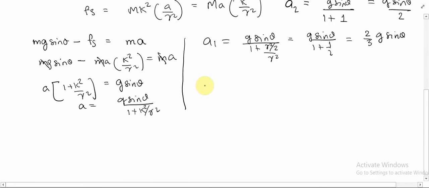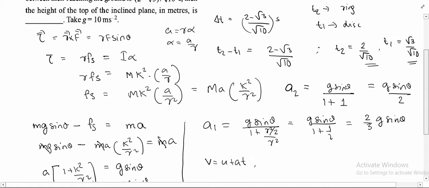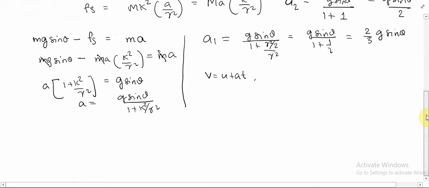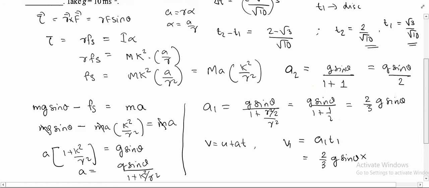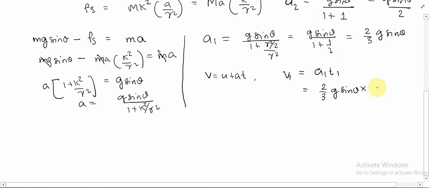So using the first equation of motion, that is v is equal to u plus at, we will get the velocity of the first body. First body, I think it's the ring, no, disk. Okay, disk. v1 is given by, initial velocity is 0 for both the bodies, so v1 is given by a1 into t1, which is equal to 2 by 3 g sin theta into t1. We have already found out t1. t1 is root 3 divided by root 10.